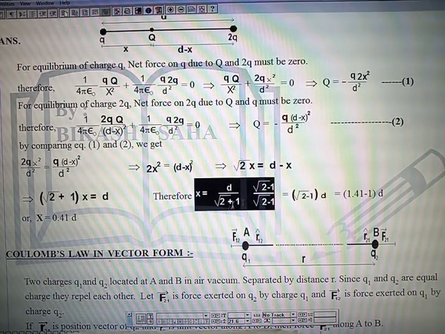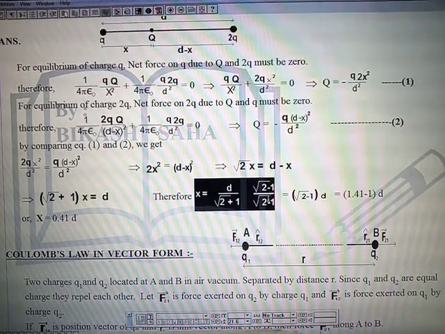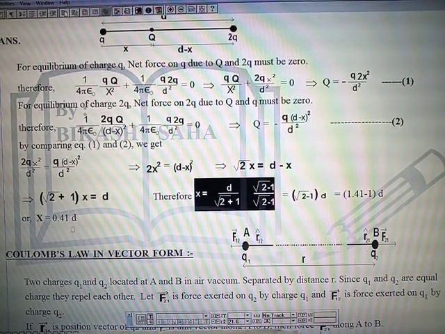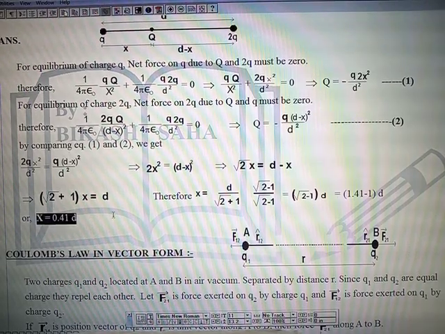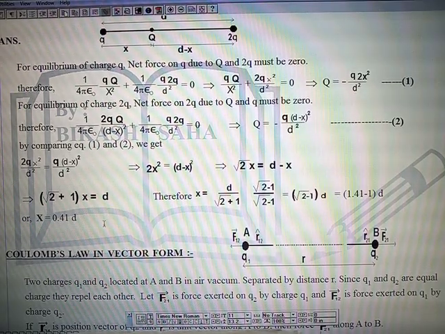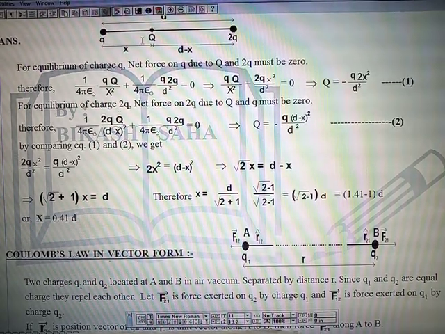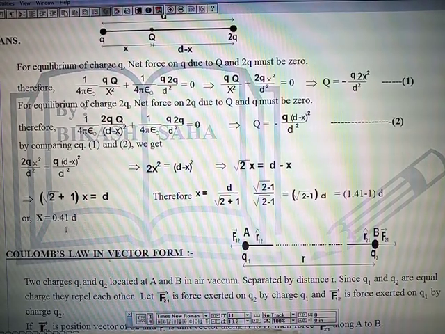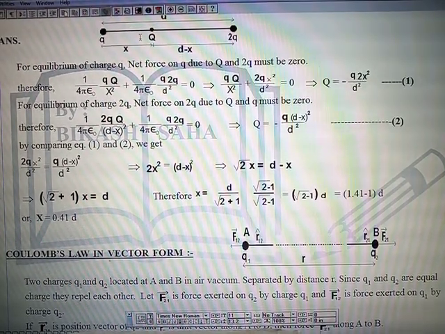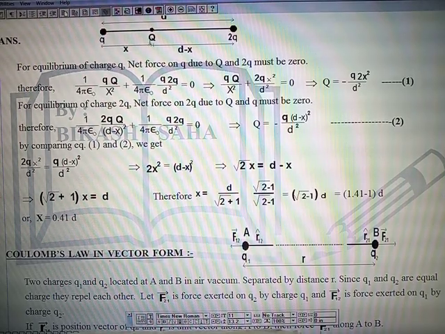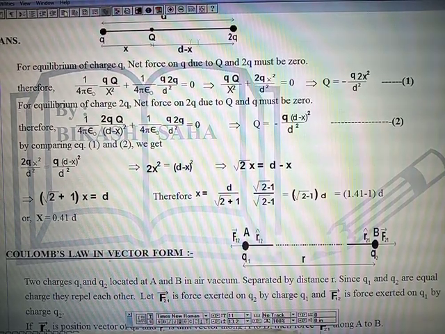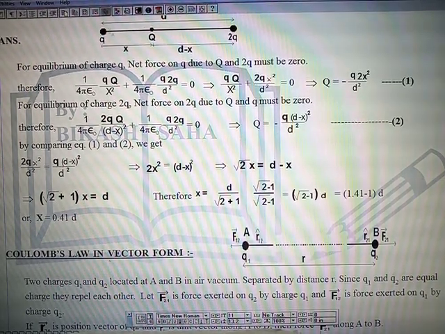Here we have done the rationalization, and we got x value is 0.41 of d. So if I place capital Q at 0.41d distance from small q, then I will get 0 force on 2q and on q.